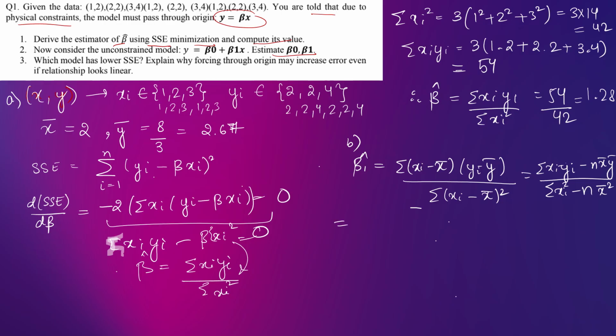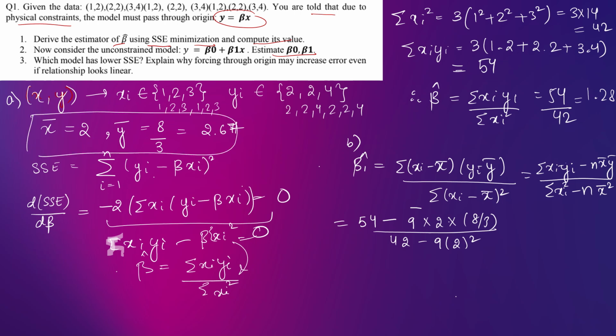On solving, we put in 54 minus n, which is 9, into 2 into 8 by 3, upon 42 minus 9 into 2 whole square. We have calculated these values here. On solving this, you'll get 1.